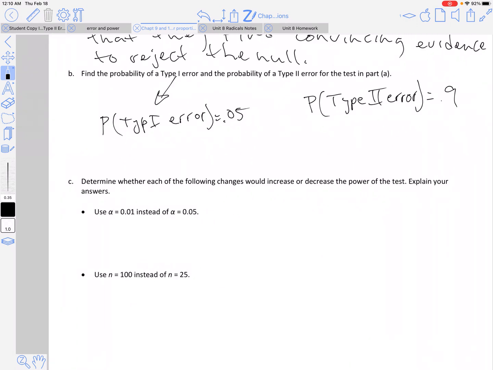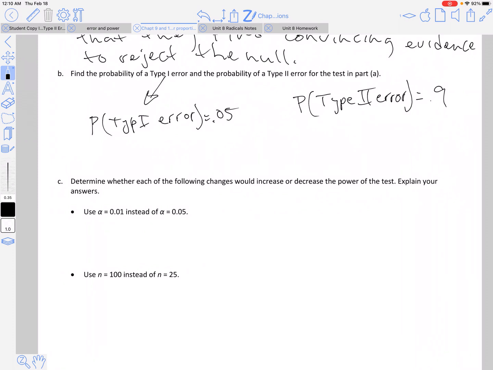Okay, so remember, as we decrease our alpha level, it's going to make it harder to reject the null. So what's going to happen? The power would decrease.